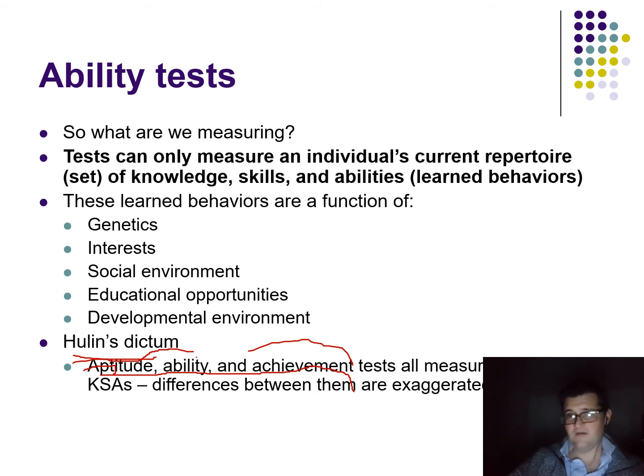But in the end, no matter how much you're trying to measure aptitude or ability, you are fundamentally measuring achievement to some degree or another. Again, we can only assess the current repertoire of behaviors that people are able to demonstrate, and those are all learned.